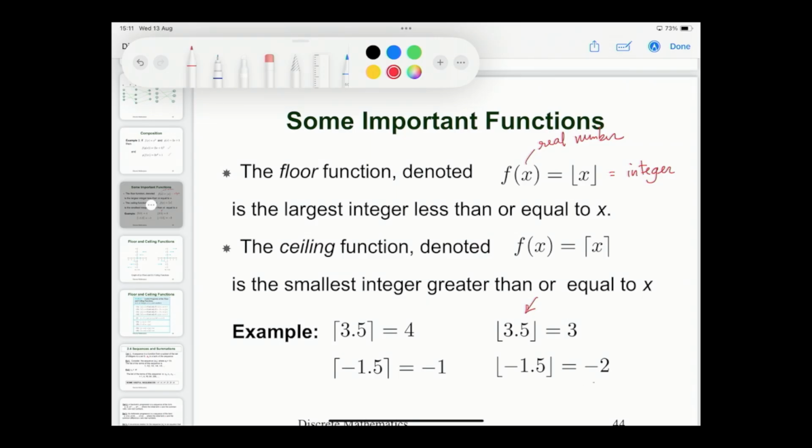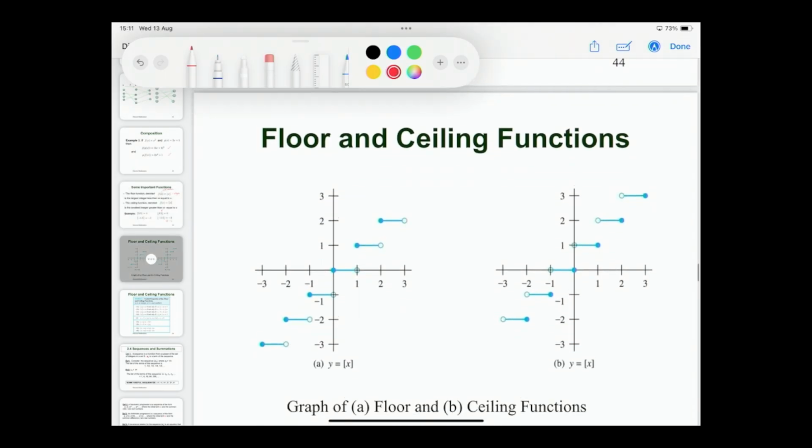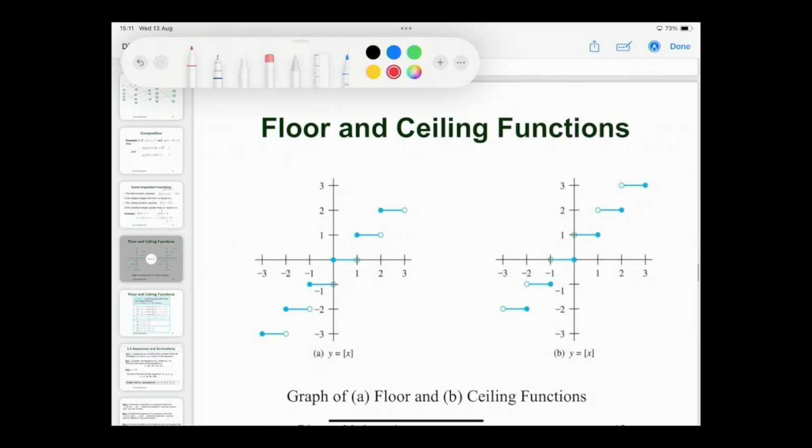The result is not -1, right? But -2. Why? We have to think of this one, the line here.